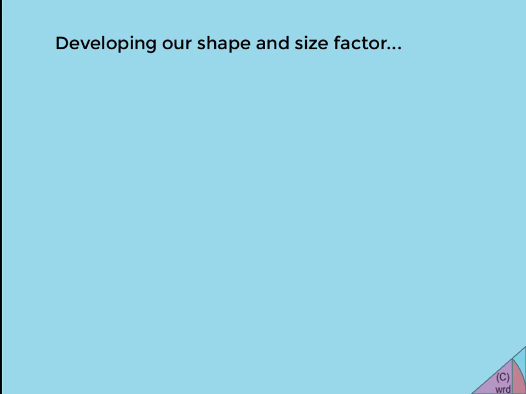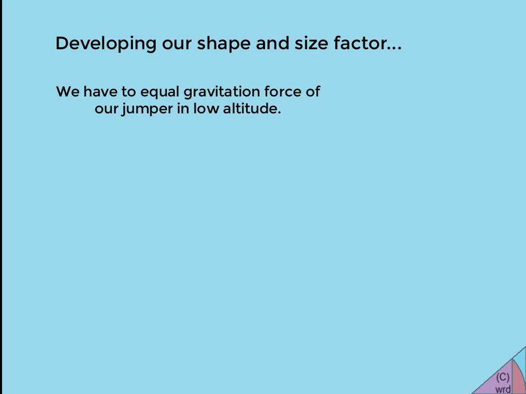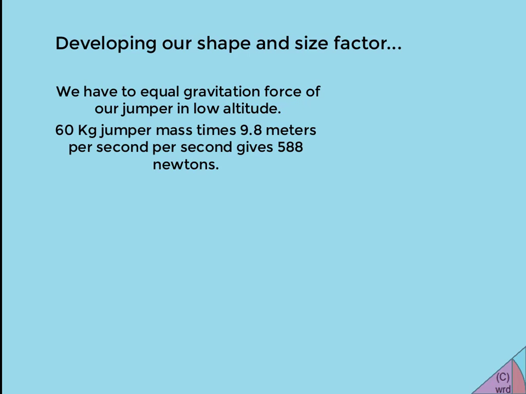How do we derive a shape and size factor on our own, since we are simplifying the textbook formula? We know the newtons of lift from air we need in order to obey the terminal velocity at low altitude. It has to be the same as the gravitational force on the jumper, which is 9.8 times 60 kilograms or 588 newtons.